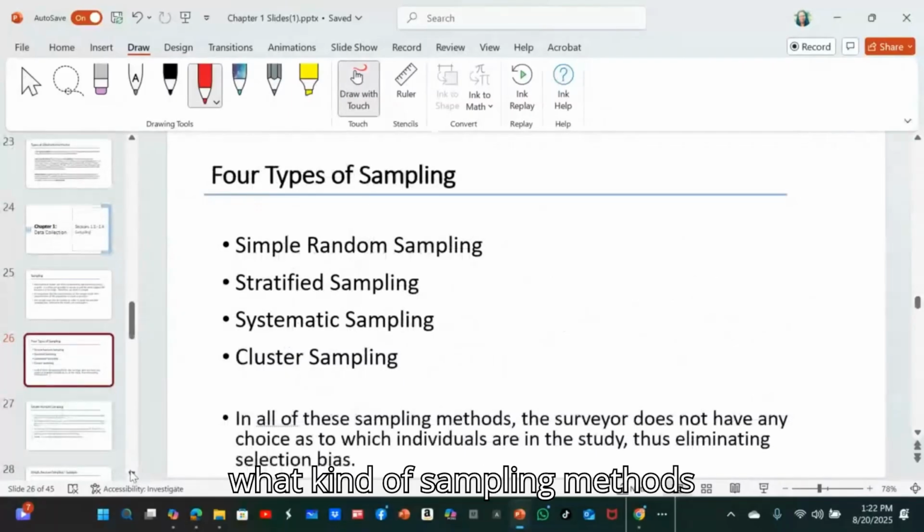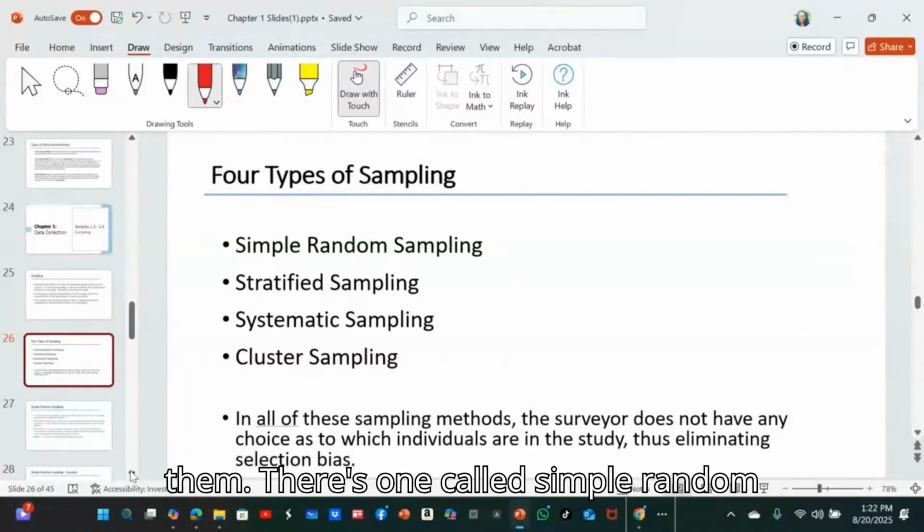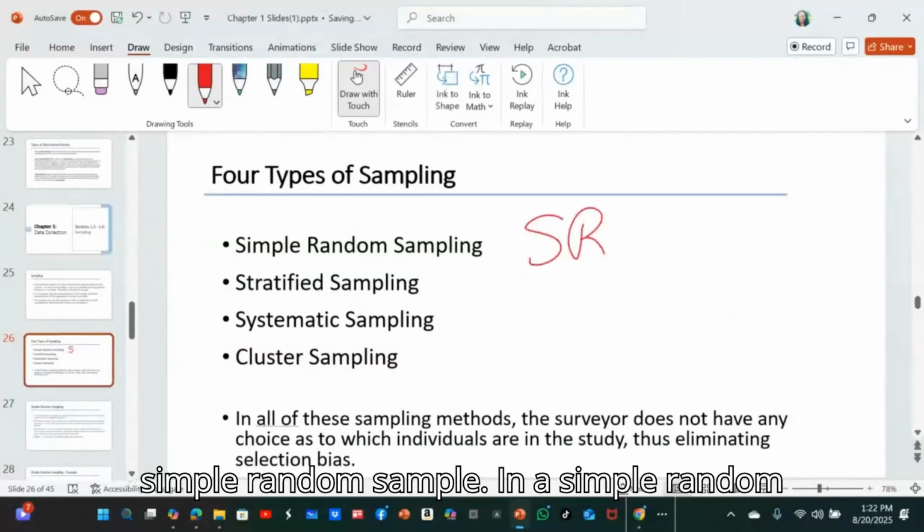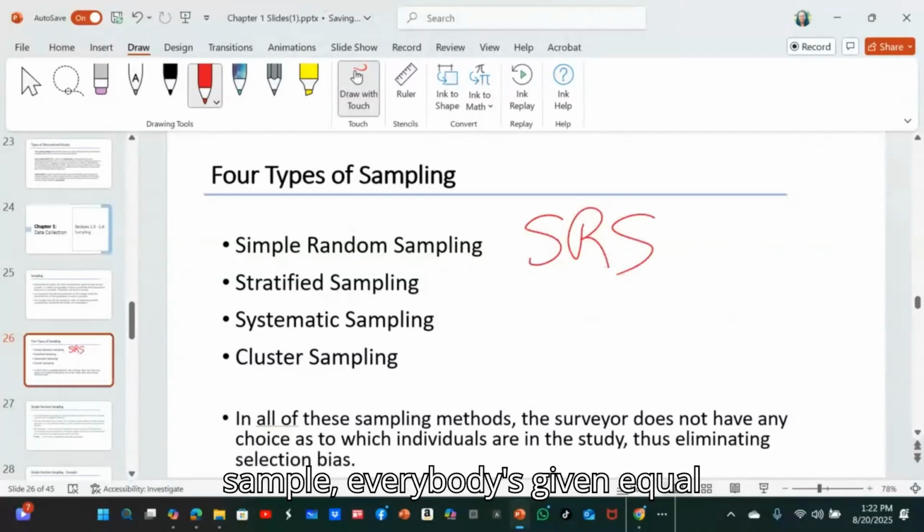So what kind of sampling methods can you use? There are four of them. One is called simple random sample, or SRS. In a simple random sample, everybody is given equal opportunity to be selected.